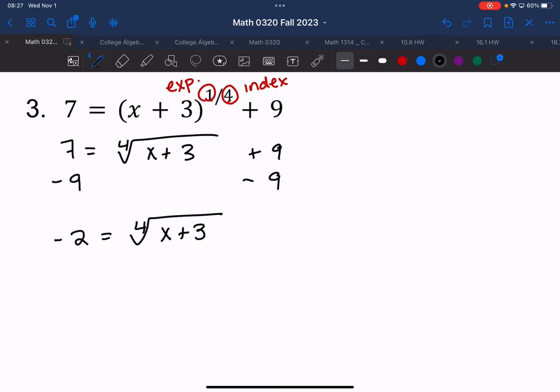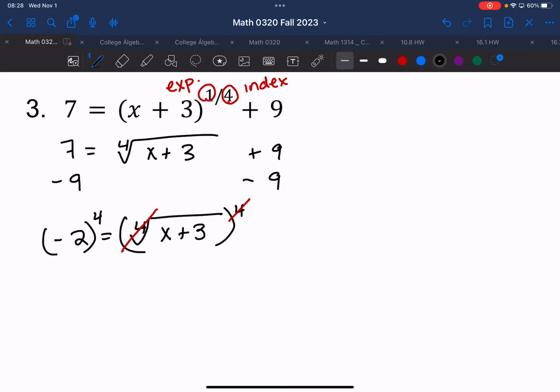And now I need to raise both sides to the index. And what is that number? 4. So I'm raising both sides to the power of 4. Okay. That means the radical cancels out because they have matching index and exponent.